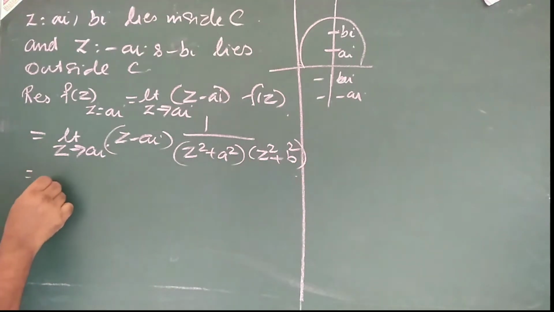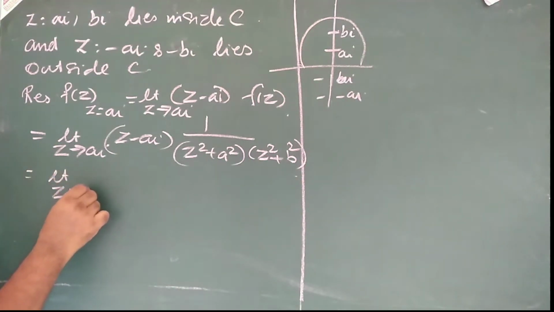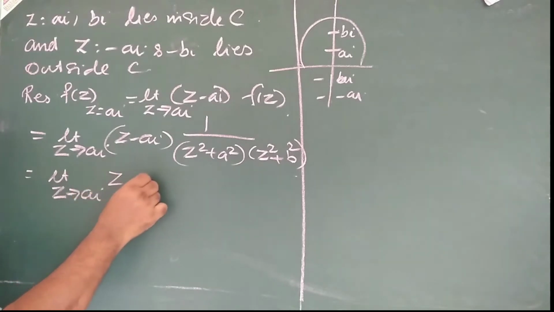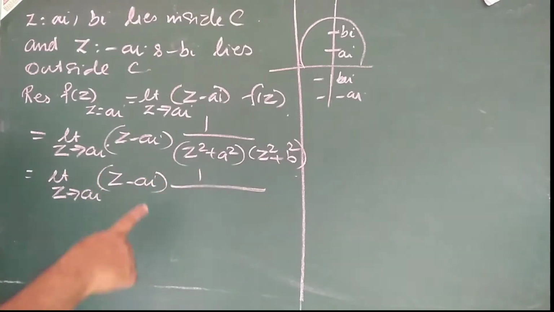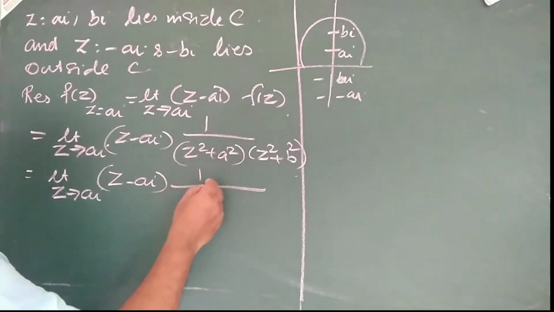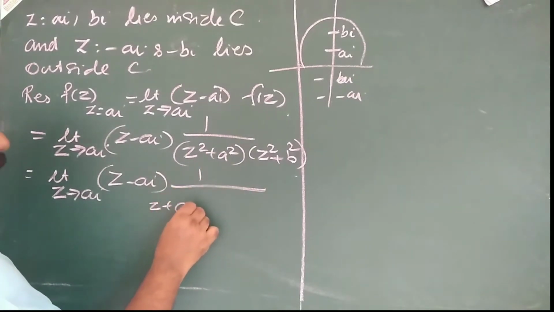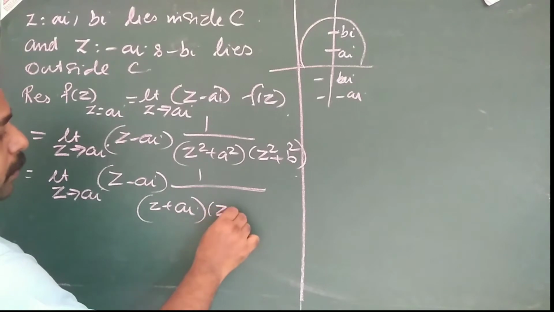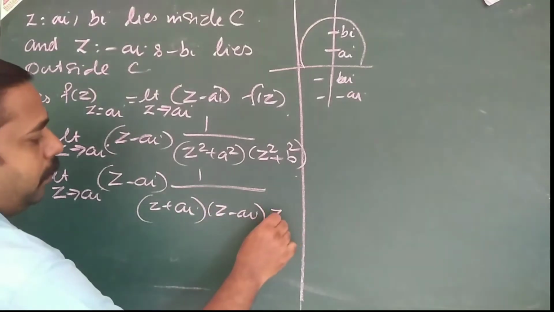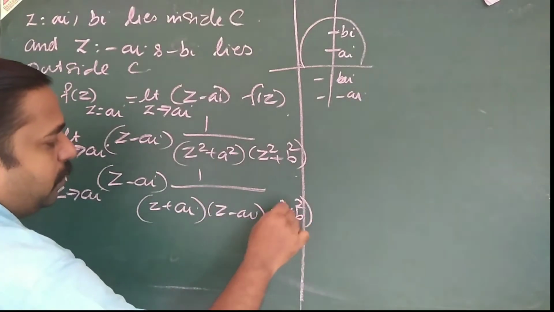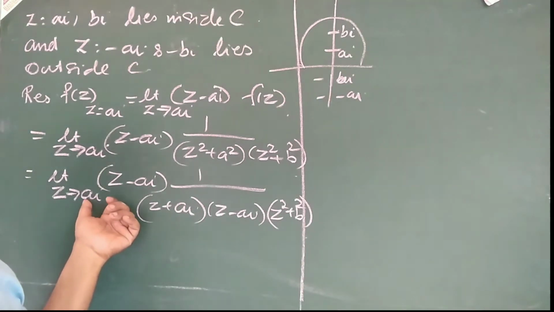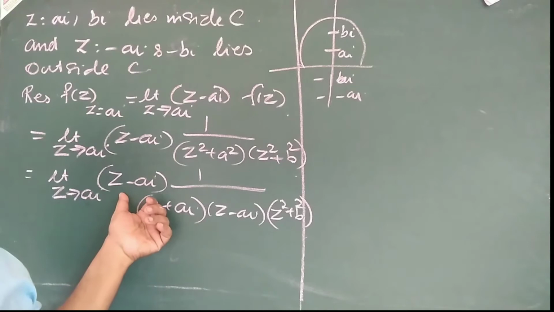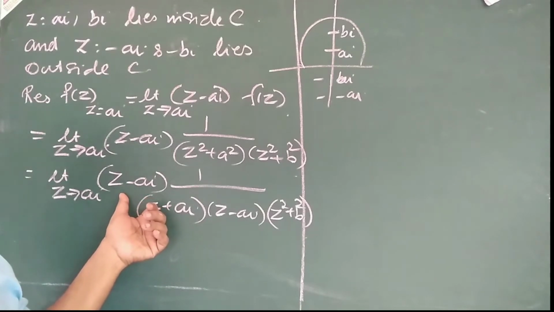So this is equal to limit z tends to ai of z minus ai into 1 by, you split this one. So what is this one? That is z plus ai into z minus ai into z square plus b square. So here the main thing: if z tends to ai, you should eliminate z minus ai.